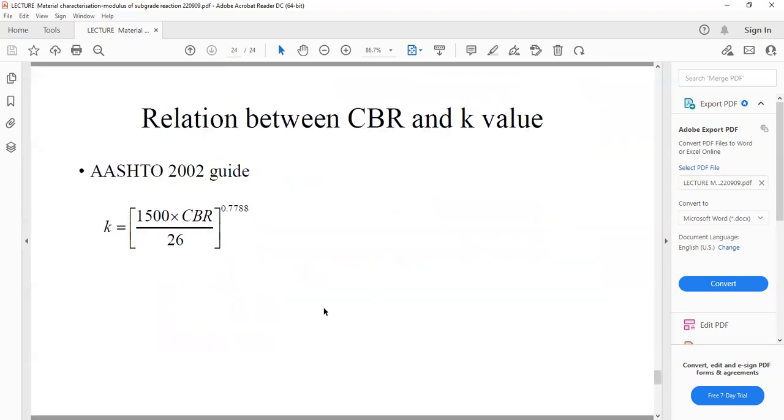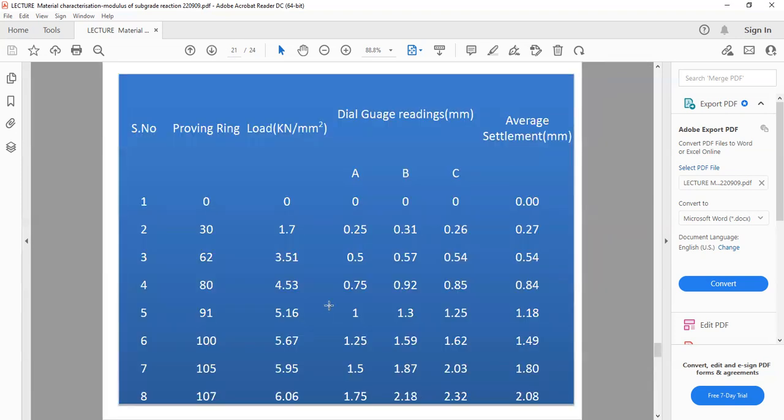Now, how is this data recorded, how does the data look? Here is an example problem. The serial numbers 1, 2, 3, 4, 5, 7, 8 correspond to the settlement at 0.25 mm increments as shown in the table. For each settlement, you get this value of the proving ring. You convert this proving ring reading into a unit load using a calibration factor.